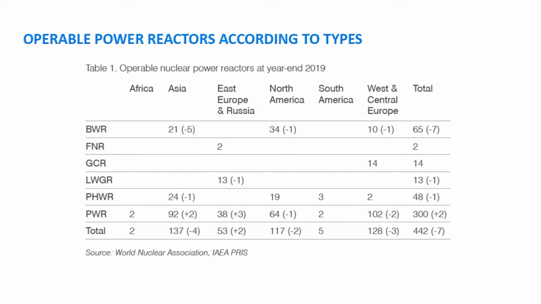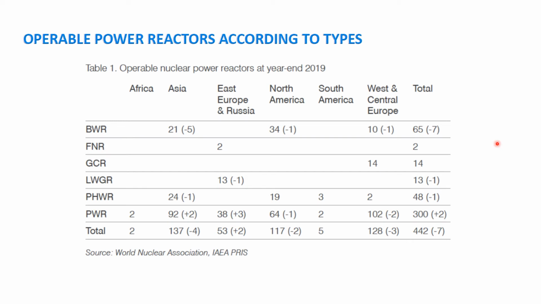These are some of the operable power reactors according to types. As you can see, mostly your power reactors are boiling water reactors, especially around Asia and North America. So most of the operable reactors are boiling water reactors here.